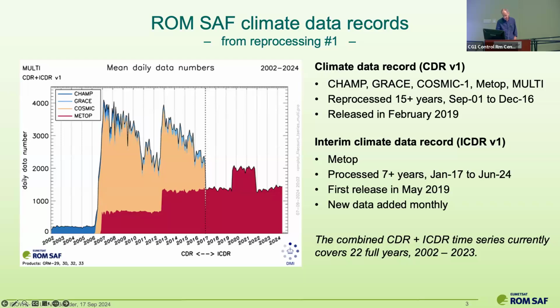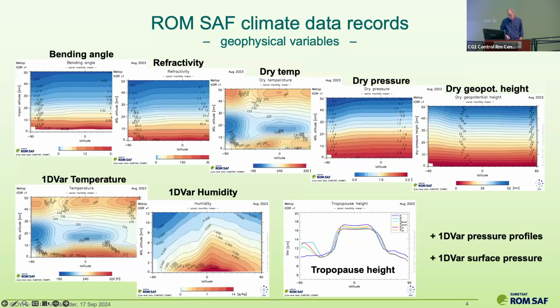But as we heard here, there are many more data available now, and since 2017, we only have METOP data available in this data record. The climate data records consist of, when we talk about CDR, both the set of profiles and the set of monthly mean gridded data.